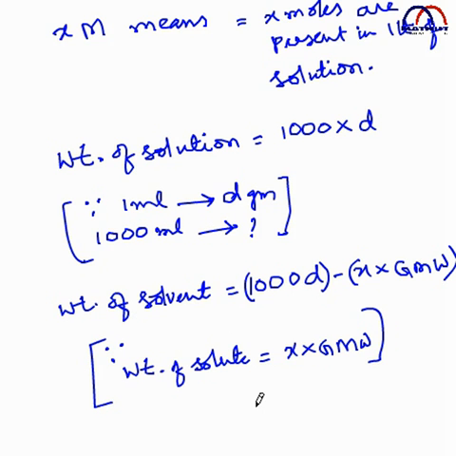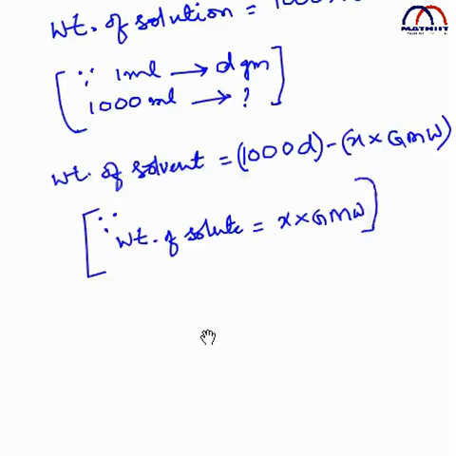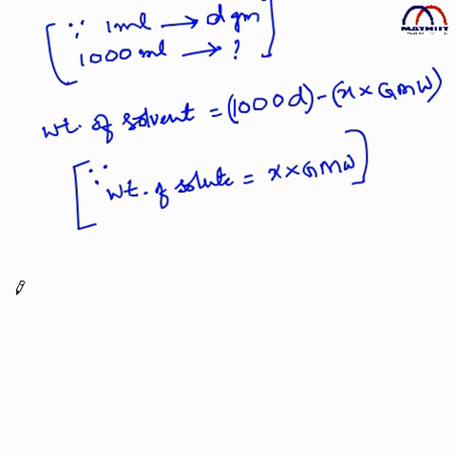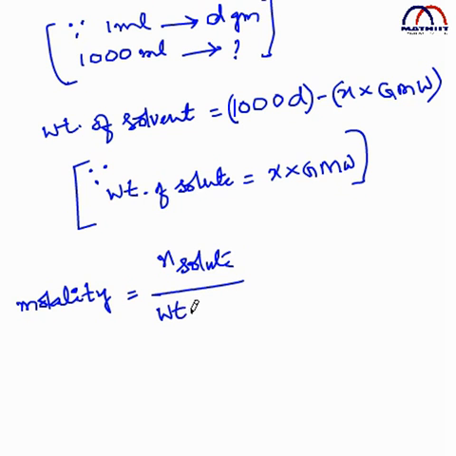Okay. Now I'll come to the basic formula to calculate the molality. What is that? Molality is equal to number of moles of solute by weight of solvent. Weight of solvent in what units? Weight of solvent in kilograms we should get. This is a basic formula, already we have seen.